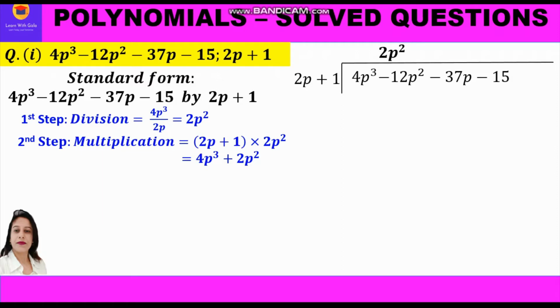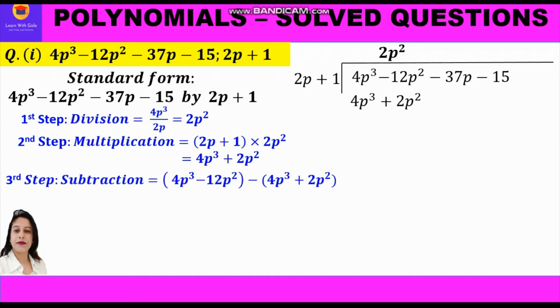Now further we shall write this product just below the first two terms of the dividend, putting the like terms one below the other. So we shall write 4p cube plus 2p square just below 4p cube minus 12p square. Now we shall move to the next step, that is subtraction. We have to subtract the product with the first two terms of the dividend. So we shall write both of them in the bracket with the minus sign in between.